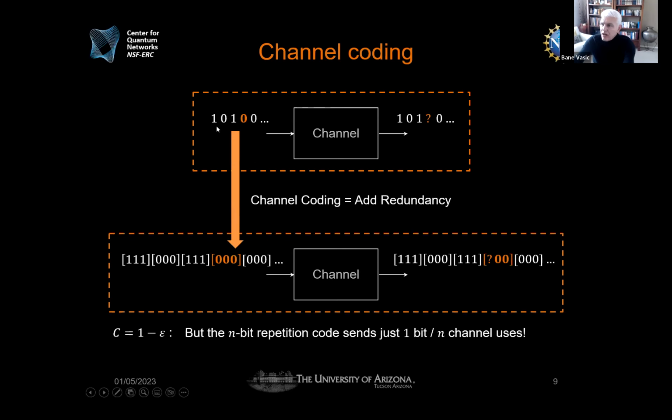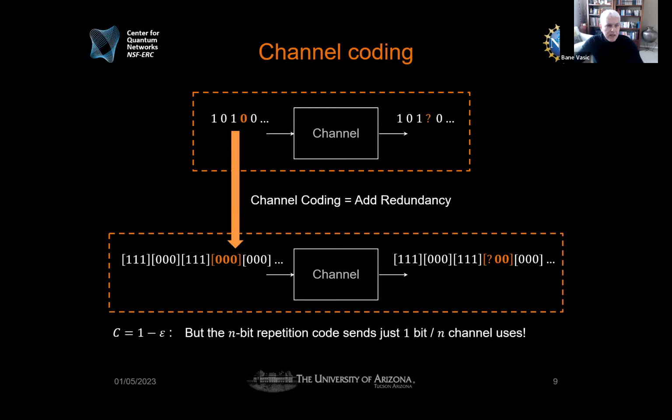So clearly, if I transmit a binary sequence and I don't protect it by anything, there is no way for the detector, for the decoder at the output, to say what is correct and what is incorrect. So if there is really an error here on 0, and I don't know where it is, there is nothing in the sequence that can tell me how to correct errors.